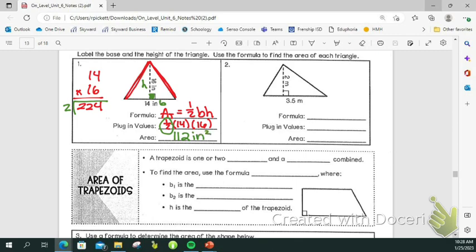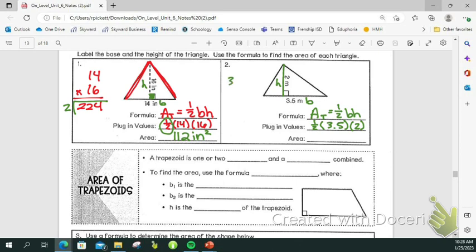Let's do the same thing for number 2. Our base is that bottom number, so 3.5, and the height is the number that's perpendicular to it, 2. Our formula for area of a triangle is 1/2 base times height. When we plug in our values, we're going to have 1/2 times the base, which was 3.5, times the height, which was 2.